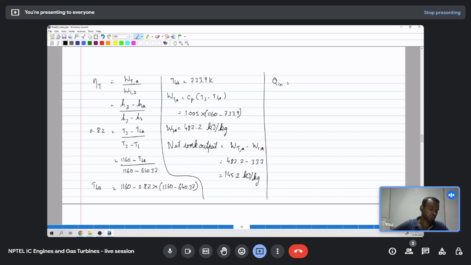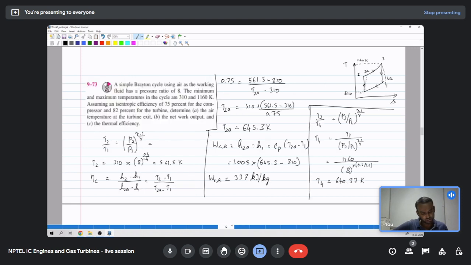For thermal efficiency we need the Q in, that is enthalpy at 3 minus enthalpy at 2A. This can be written as Cp into T3 minus T2A, and this is 1.005 into T3, 1160, minus T2A, which is here 645.3.